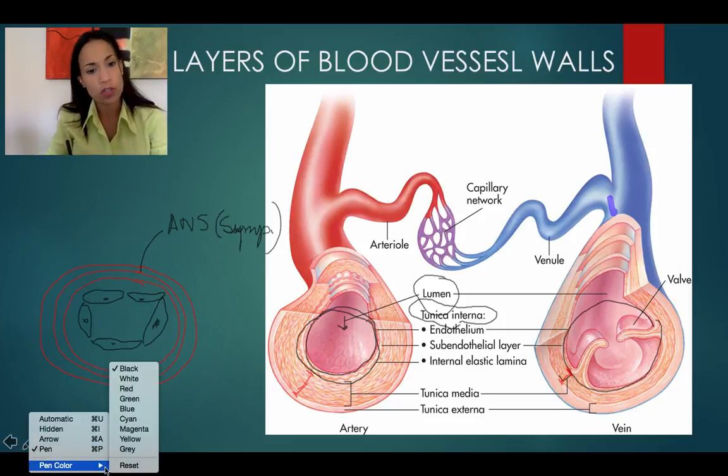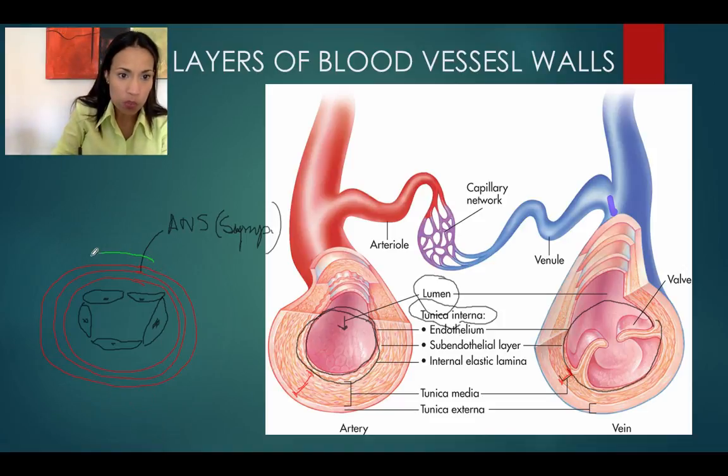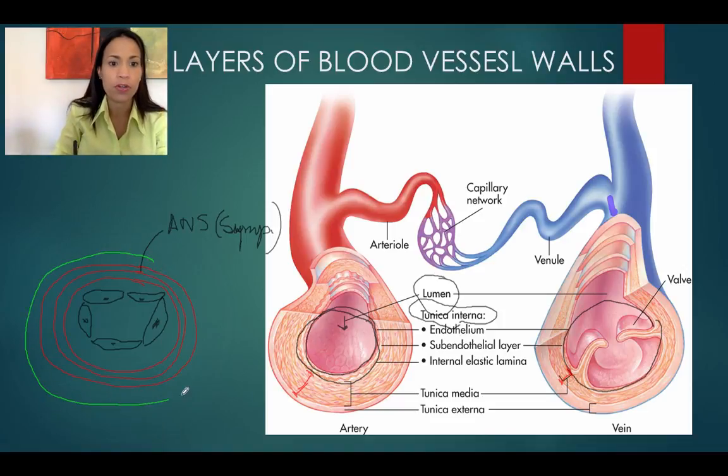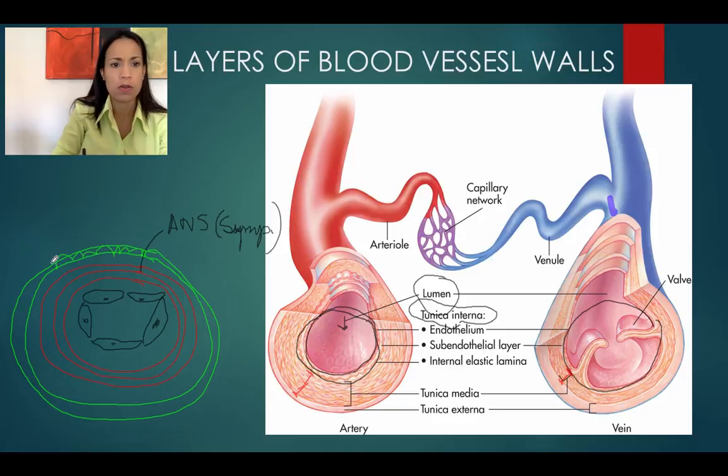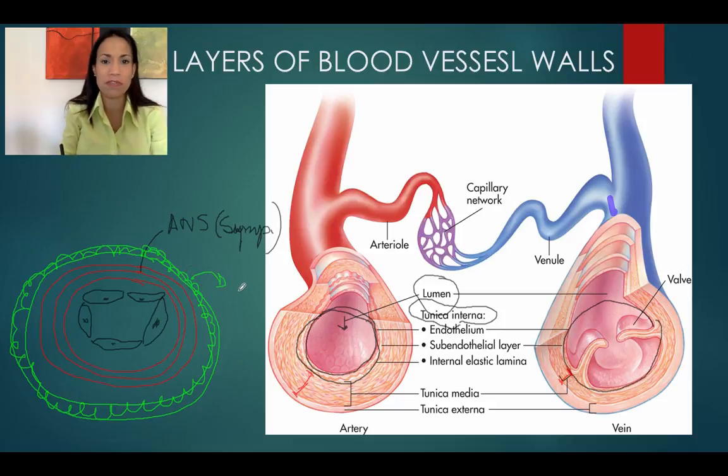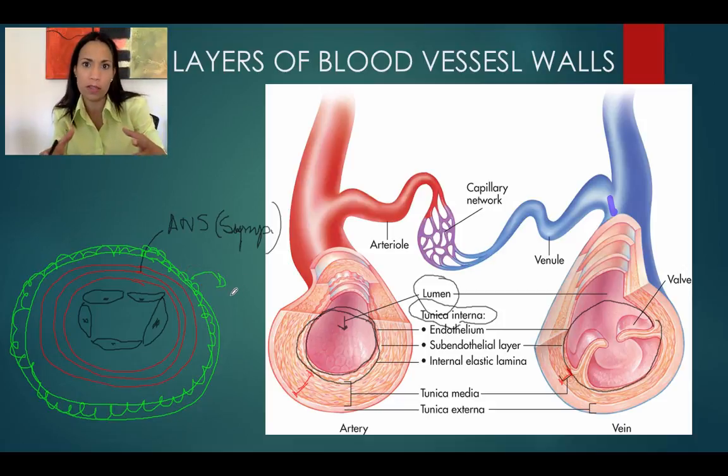Now, external to that layer, we have a third layer that we call tunica externa, which consists of areolar connective tissue. So this is all connective tissue. And the importance is, it gives some support and protection to the blood vessel, but it also anchors these blood vessels to the organ that it is supplying.